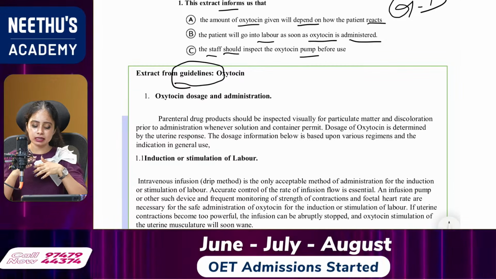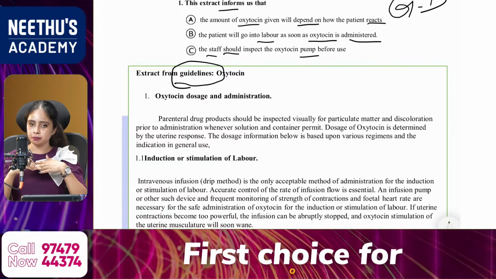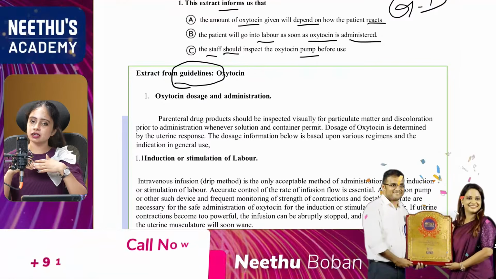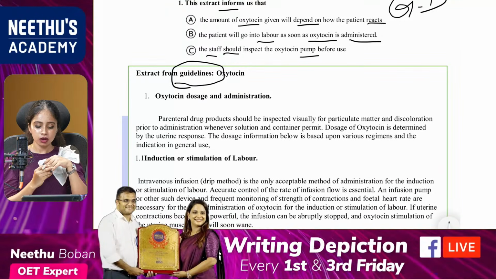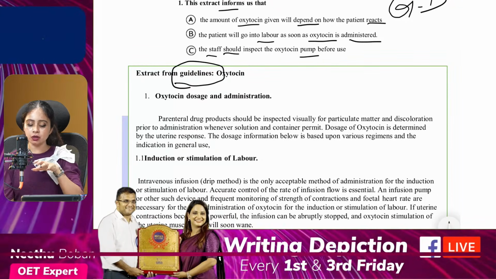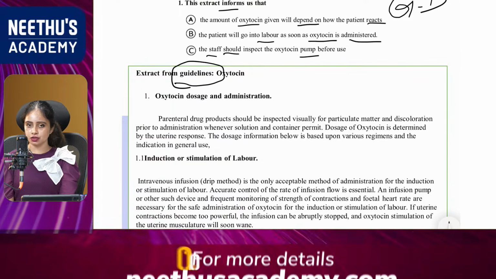Which sentence is important in a guideline? I can say always the first sentence is important. I'm not saying that the first sentence is the answer, but still, the first sentence will give you a lot of clue towards your answer. So, option A, the amount of oxytocin given will depend on how the patient reacts. Let's read the passage, then let's look into the answer.